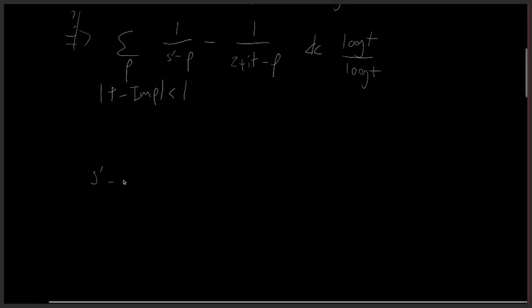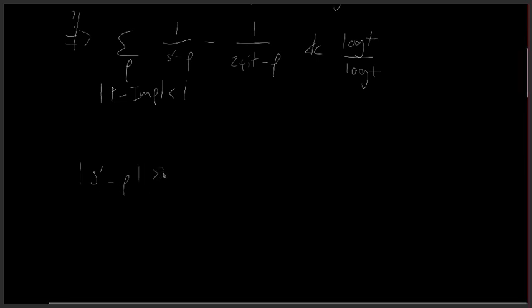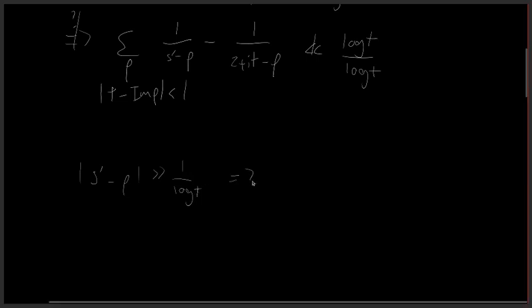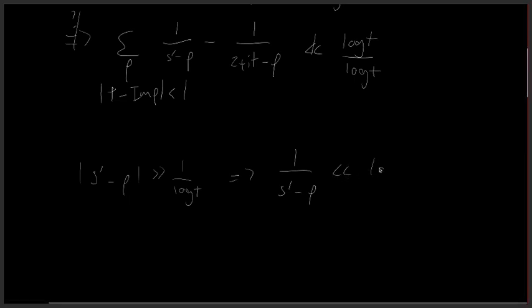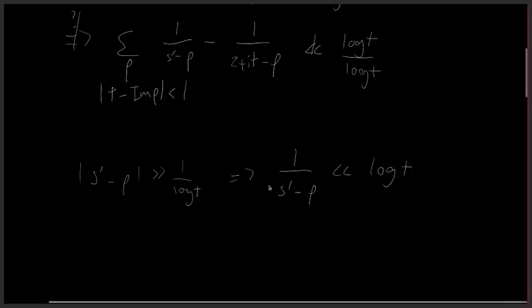So what is true is, as we just said, that s prime minus rho is at least 1 over log t, and that implies that 1 over s prime minus rho is at most log t, right? Because the denominator is at least 1 over log t, so 1 over the denominator is at most log t.